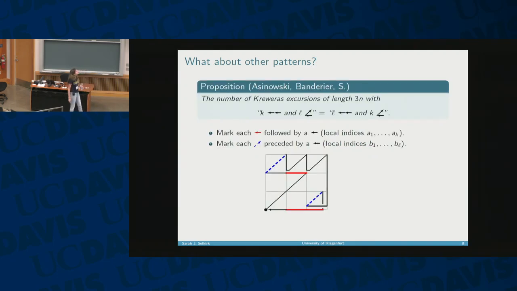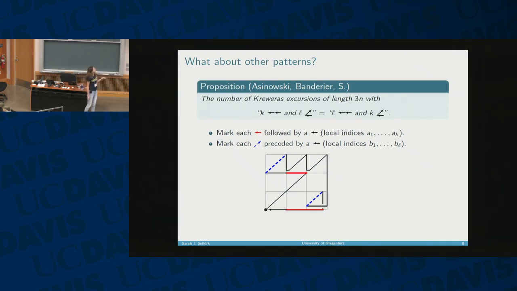So what we're going to do is mark the first west step in a west-west combination. And just to point out, if we have multiple wests, we consider each pair to be a west-west combination. So we mark all of the west steps which are the first west step in a west-west combination, and we mark all of the northeast steps which are parts of a west-northeast combination.